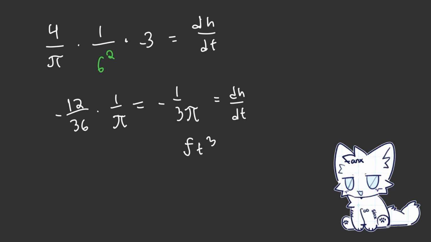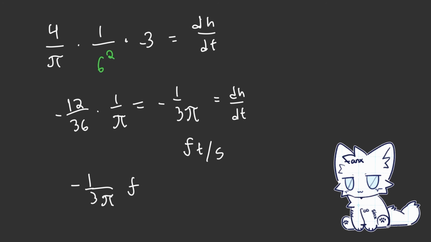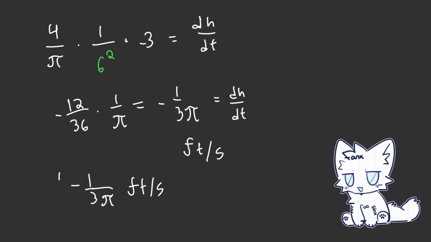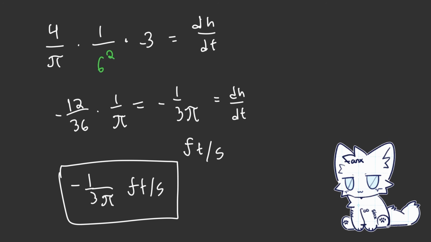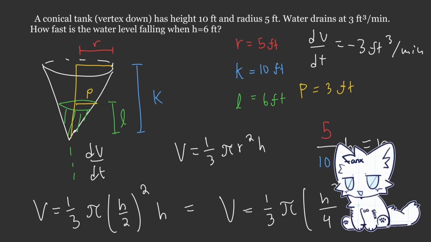Feet cubed. Oh no, just feet per second. Let's rearrange this. Our final answer would be negative 1 over 3 pi feet per second. And this would be the change in height with respect to time. And that is the cone tank problem.